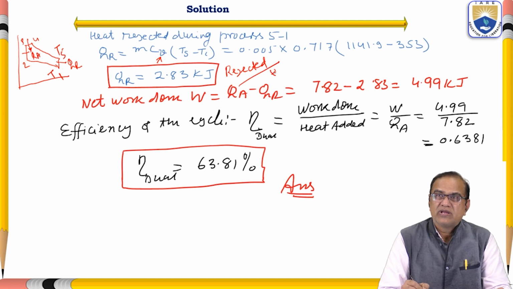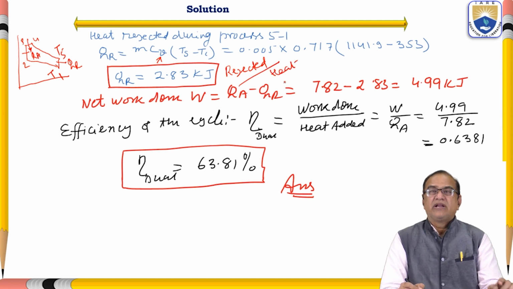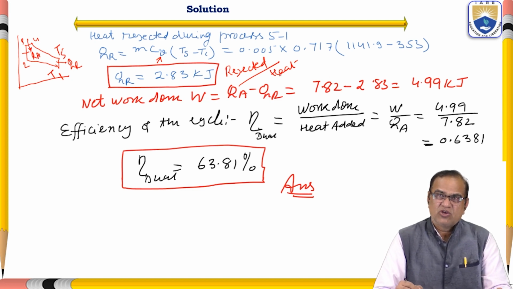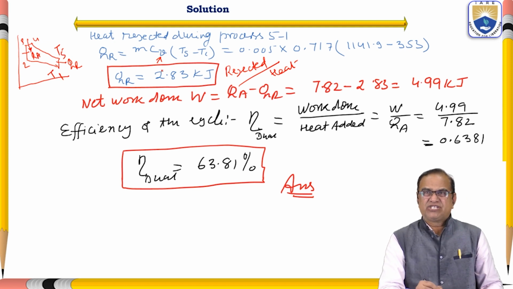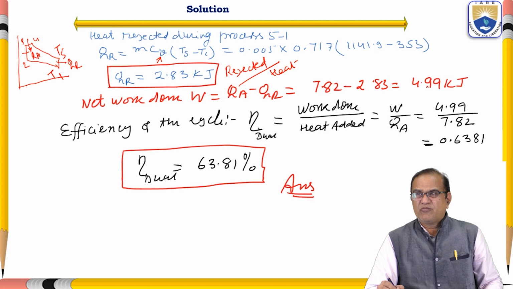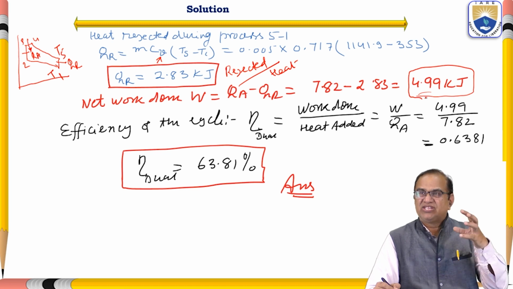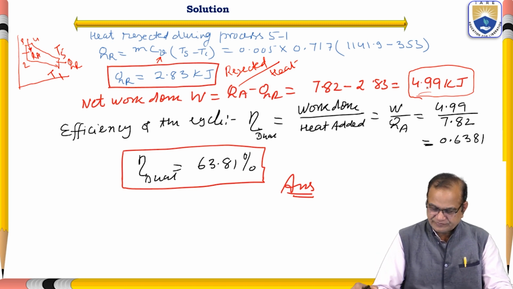Now net work done, by the first law of thermodynamics, is QA minus QR. QA we have found out 7.82 kilojoule and QR is 2.83. You will get 4.99 kilojoule. This is the work done which is produced by this dual cycle engine.